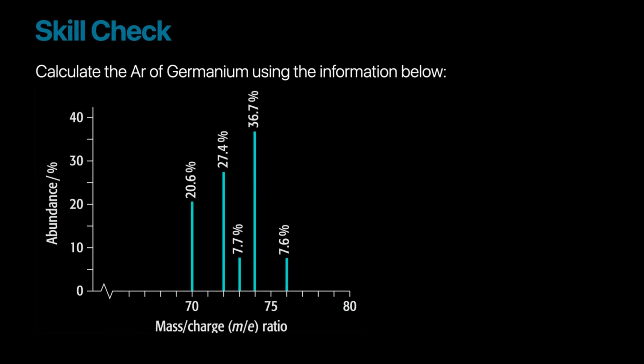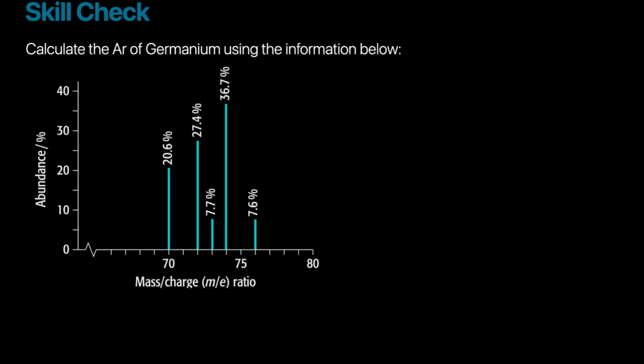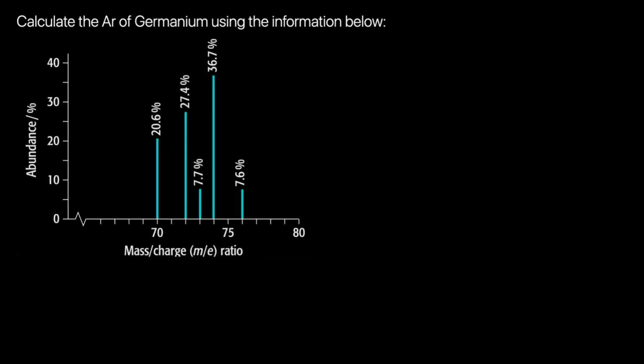In this question, you can clearly see there are five isotopes of germanium, and the average mass would be 70 times 20.6, that's the first isotope. The second isotope's mass is 72, then 73, then 74, and then 76.